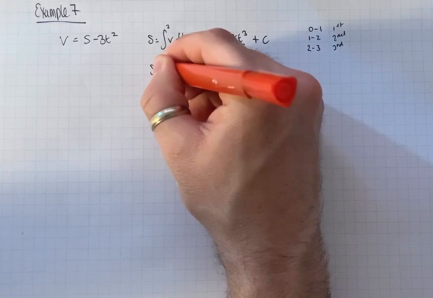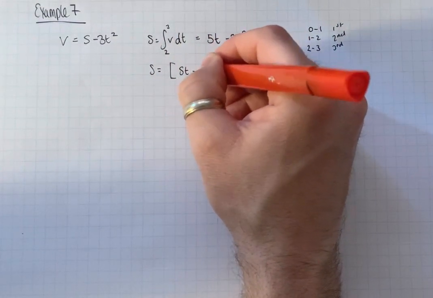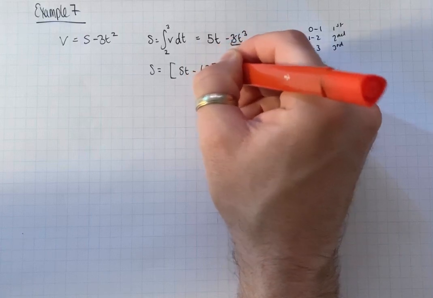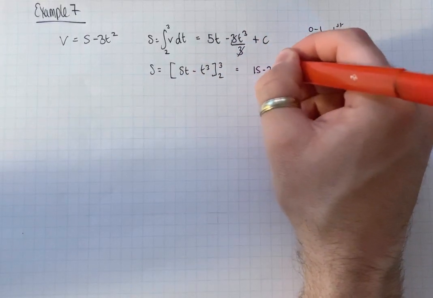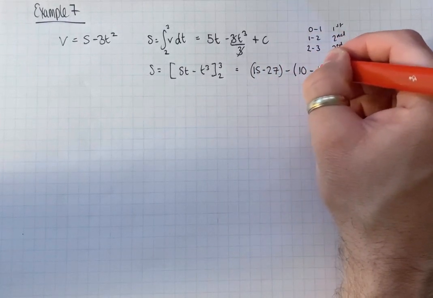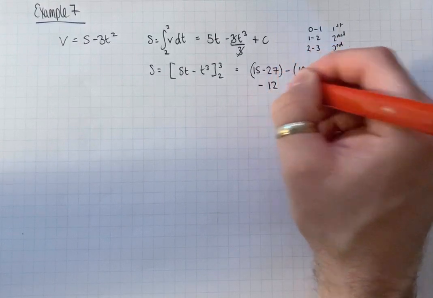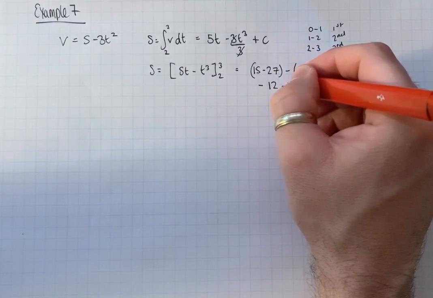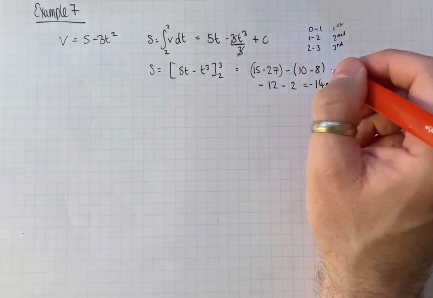So that's 5t minus t cubed between 3 and 2. So we substitute in 3, we get 15 minus 27. Substitute in 2, we get 10 minus 8, and then we obviously need to subtract them. So that's going to be minus 12 minus 2, which is minus 14 metres.